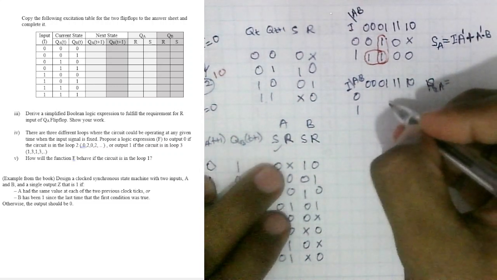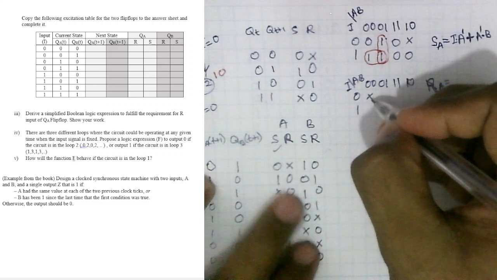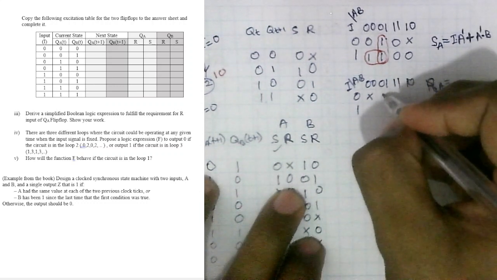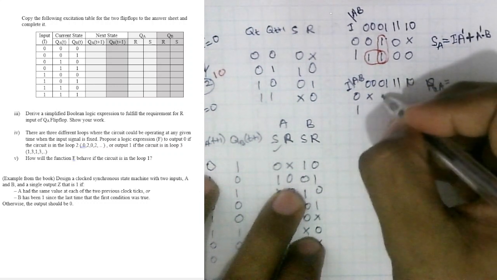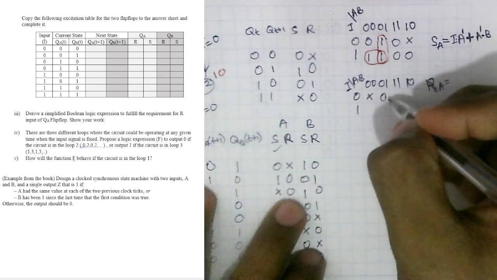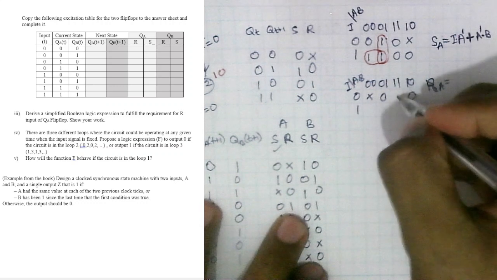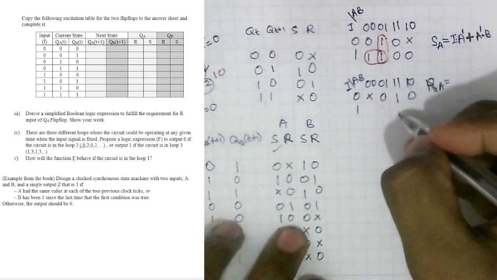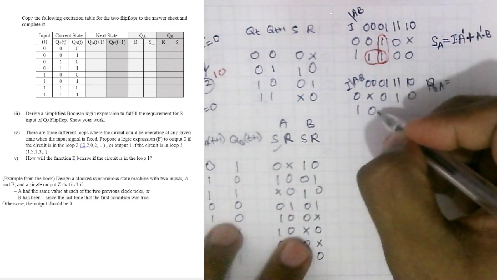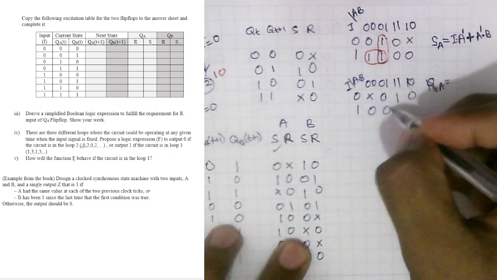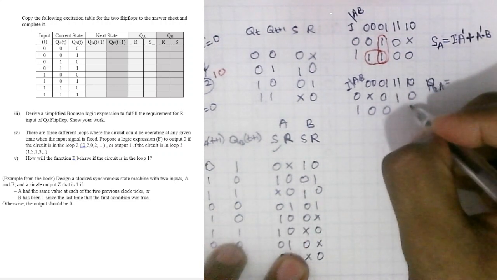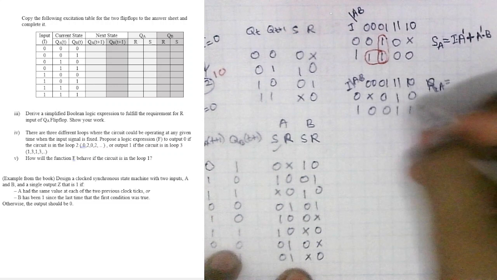So this is 0, 0 is don't care, 1 is 0, 2 is 0, this is going to be 1 for 3, 4 is 0, 5 is 0, 6 is 1, 7 is 1.